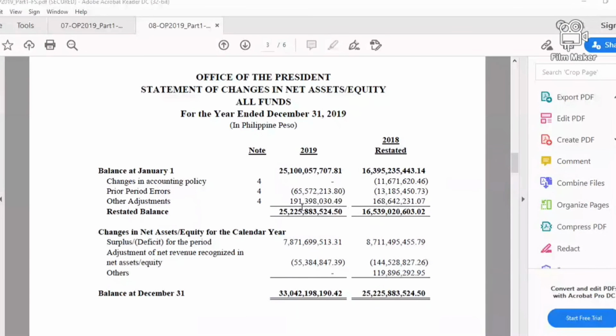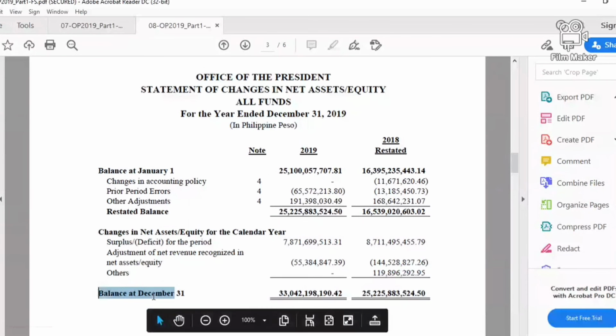So ito yon. Name of the agency, Office of the President. Name of the component of FS, statement of changes in net asset or equity, name of funds, all funds, and then for the year ended December 31, 2019, reporting currency and the rounding of 11. Yan. So beginning equity and then ending equity.